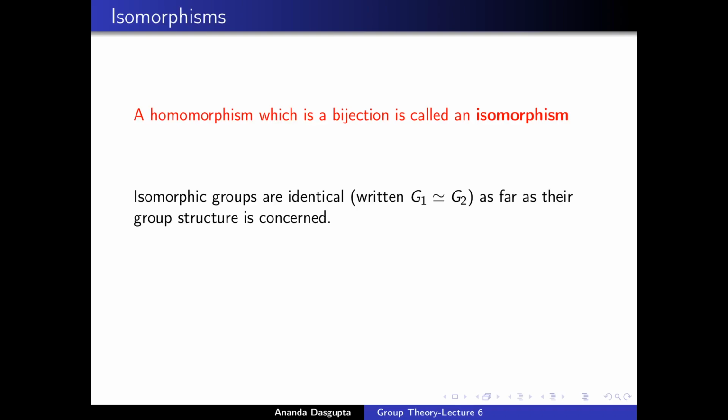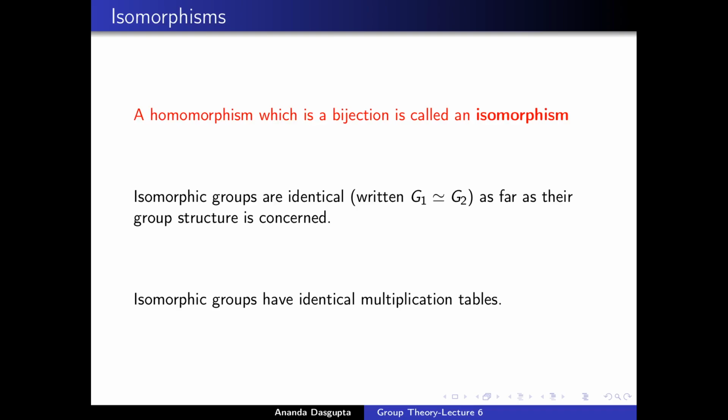You write this isomorphism between two groups using this sign, it's sort of like the homomorphism sign but with an additional equal sign added to it. Just to emphasize that if two groups are isomorphic, then as far as group structure is concerned, they are identical.